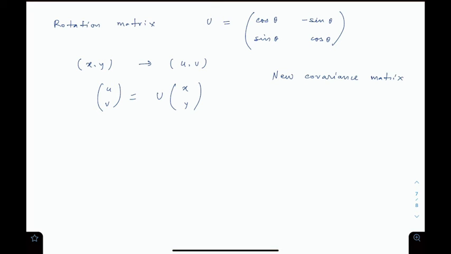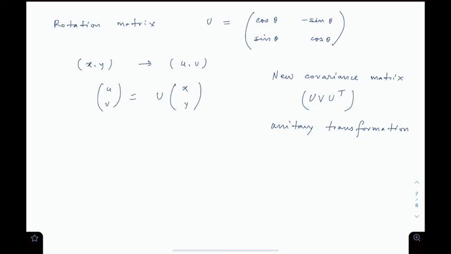Since the transformation is unitary, areas are preserved. It is a unitary transformation, which implies that mod of J equals 1.